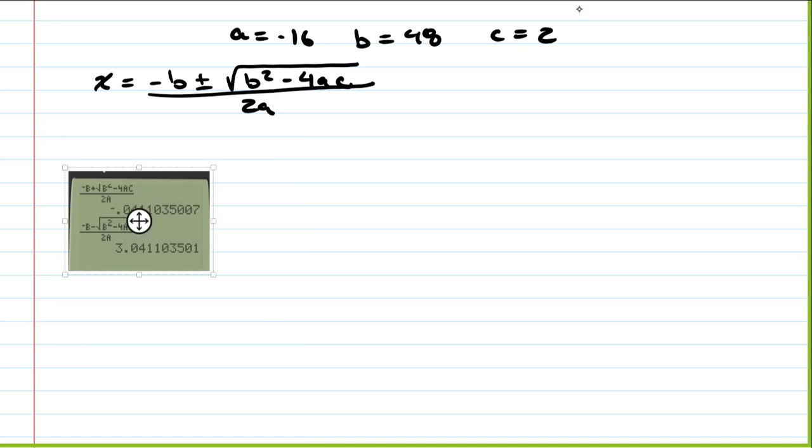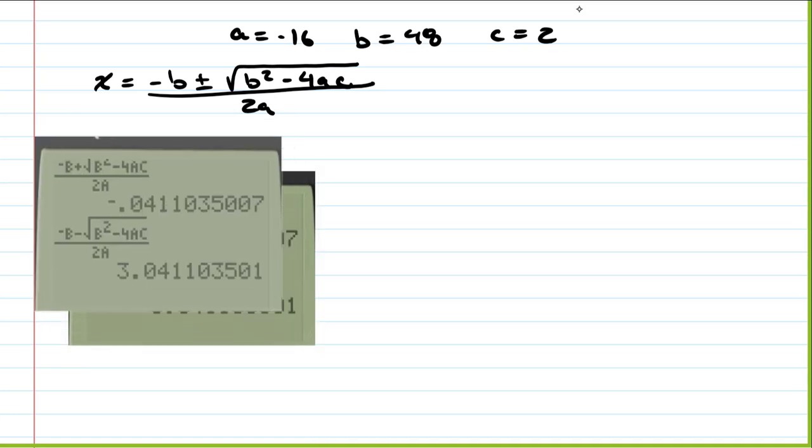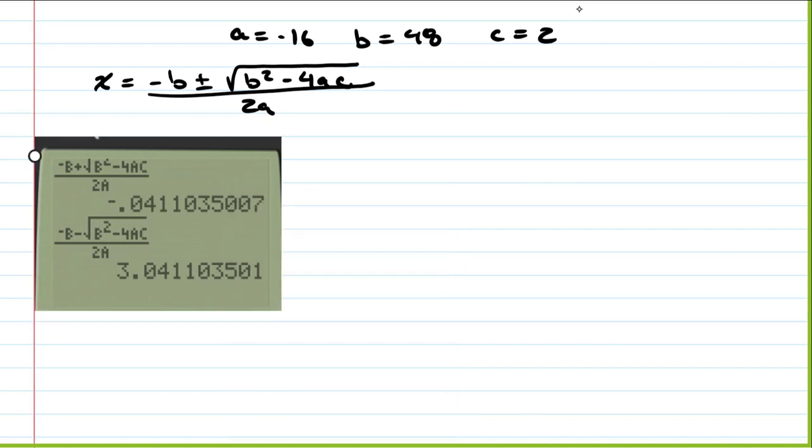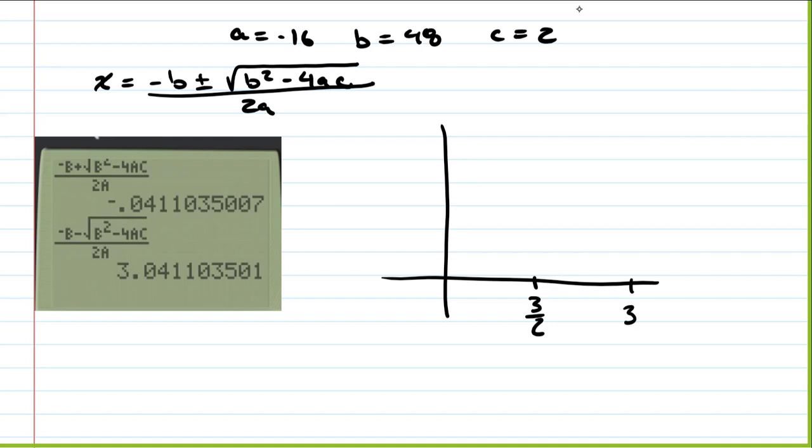So my two zeros, or two solutions, or my two x-intercepts are negative 0.411 and 3.04. So if I draw a quick sketch, not to scale once again, there's 3 over 2, so then 3 would be about here.